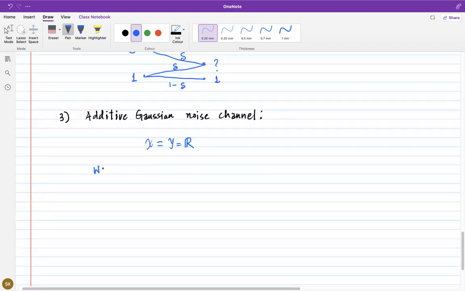In particular, we say that for an input x, the y that you will get can take different values in R, and for each y, this is the PDF which is associated with it.